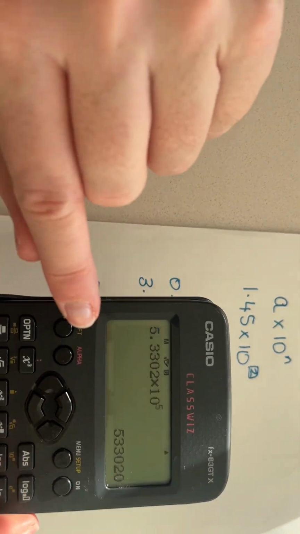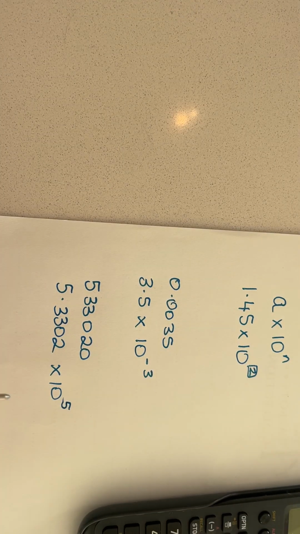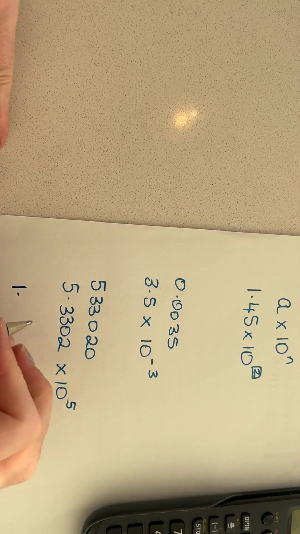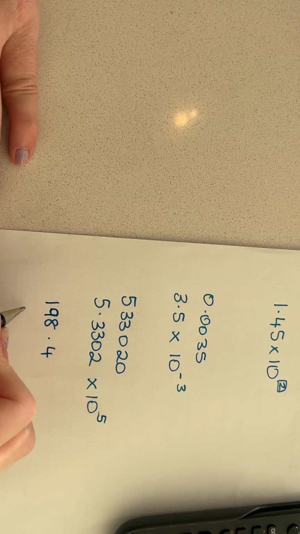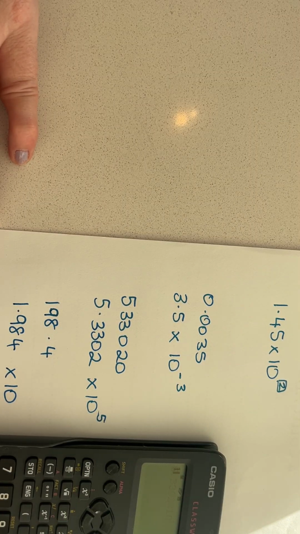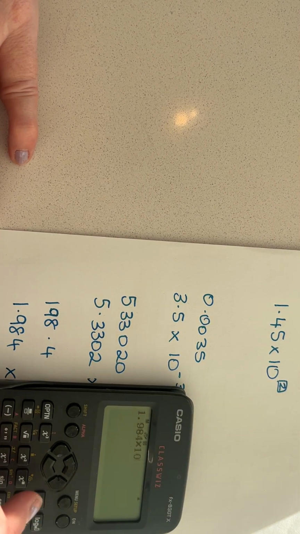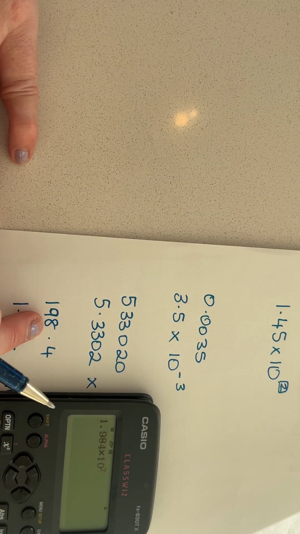So you can see there, I'm getting all the help I can from my calculator. 198.4 in scientific notation, 1.984 by 10 to the power of, how many times did I move it? I moved it twice. So if I have a 2 here and I press equals, I should end up with that number.